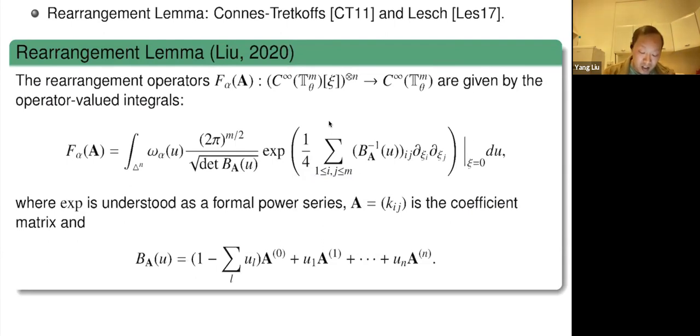Basically, the result is that integration in psi can be computed by taking derivatives. And the other interesting part is that there is a hypergeometric integral part here. I will explain these notations in two parts.